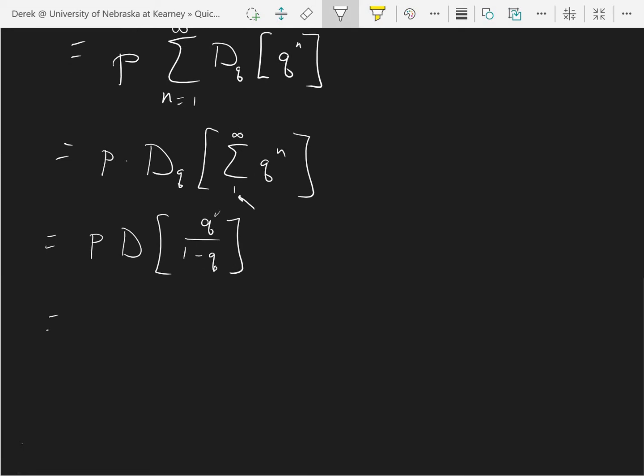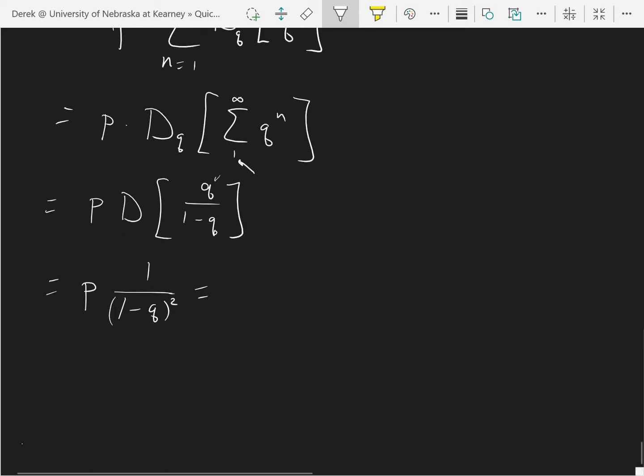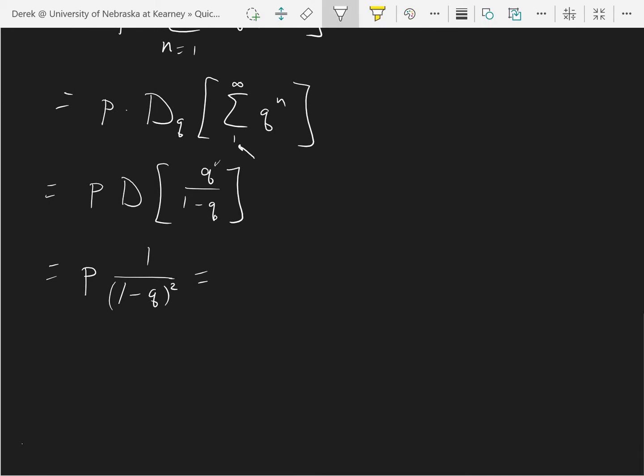And we get the same derivative as last time. This is 1 over 1 minus Q squared, and P was 1 minus Q, so this is 1 minus Q over 1 minus Q squared.